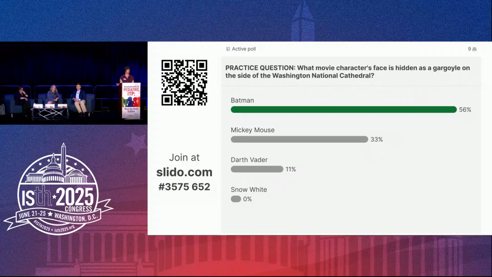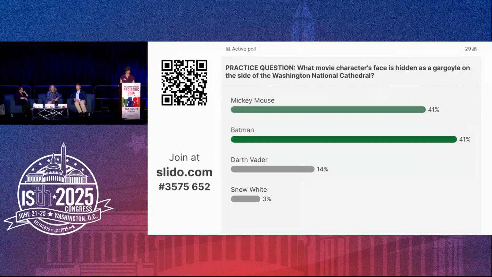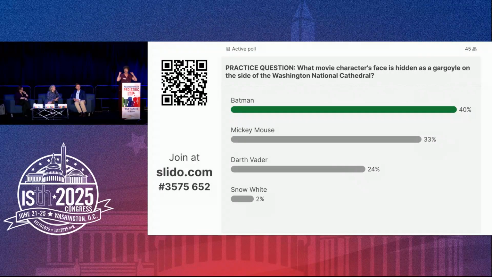We didn't know with the pediatric audience if you all might get this. I'm going to let you know, Michelle, you knew this. Darth Vader. Darth Vader is actually correct. Yes. Who knew? Now we know. A little bit of trivia. So great to see people participating. Every time a question comes up throughout this presentation, that same QR code will come up. So if you've already engaged in that, just go onto your phone to answer questions. And if you want to start weighing in, you can scan the QR code and move on from there.